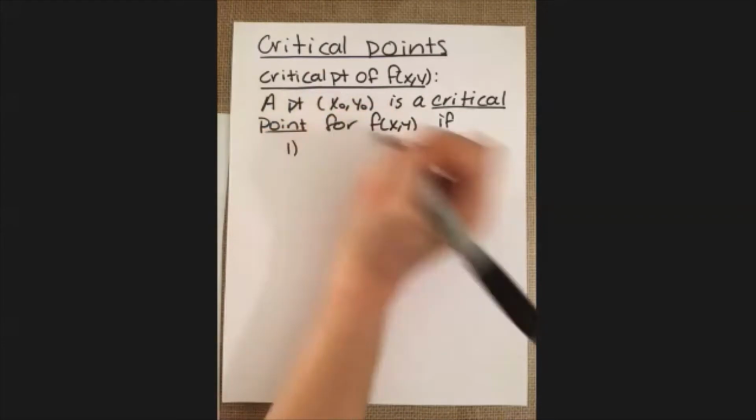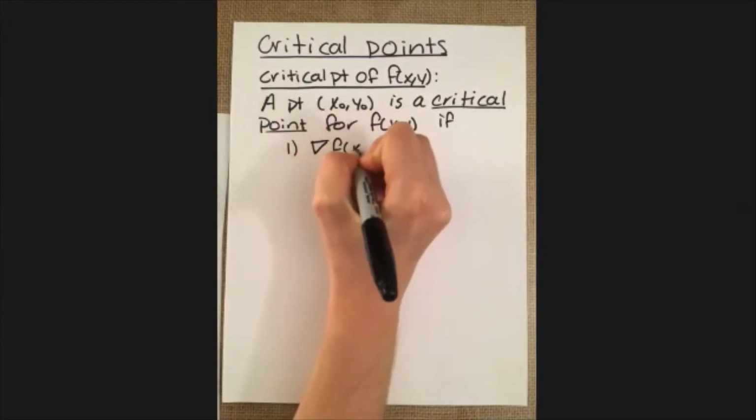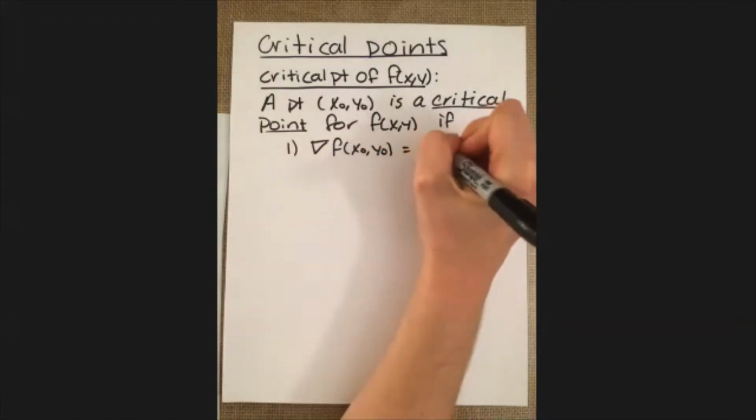Well, in this case, the analogous idea here is that the gradient at that spot, (x naught, y naught), is equal to the vector 0, 0.